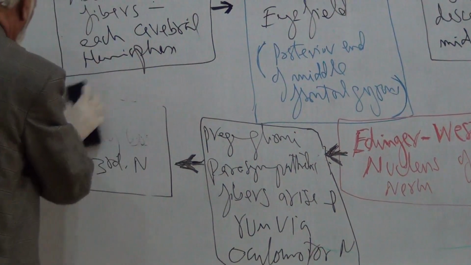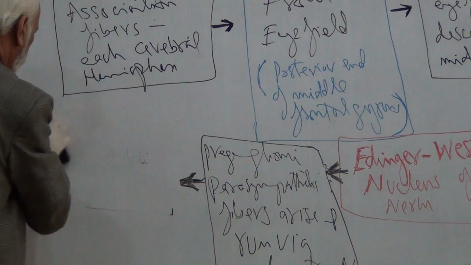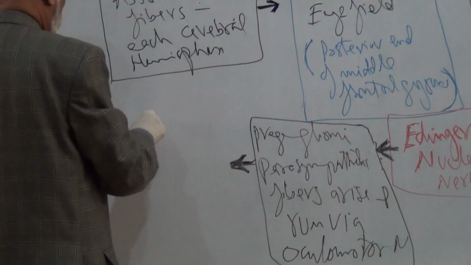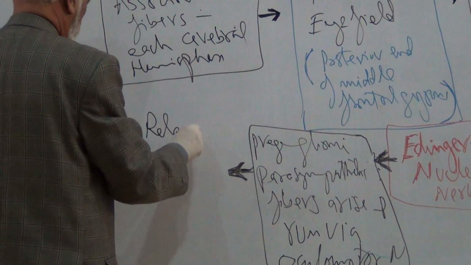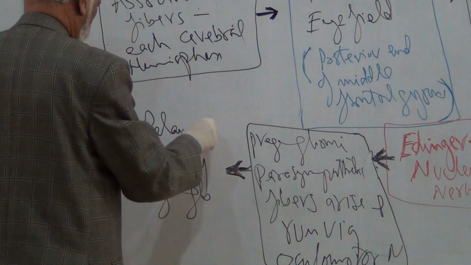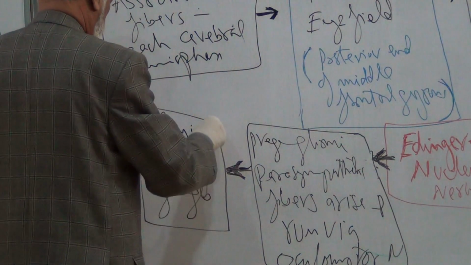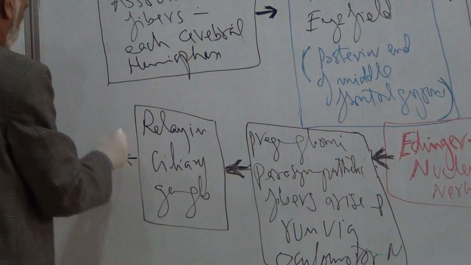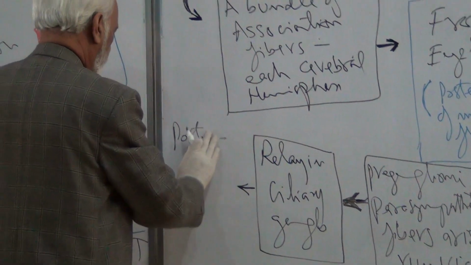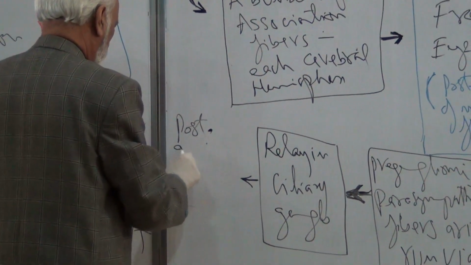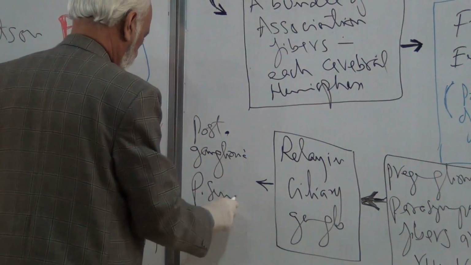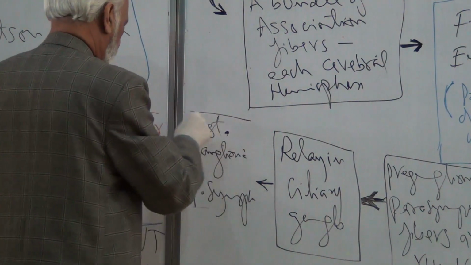Sorry, I forgot one step: relay in the ciliary ganglion. And from the ciliary ganglion, the postganglionic parasympathetic fibers arise.